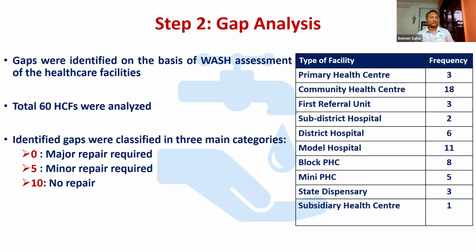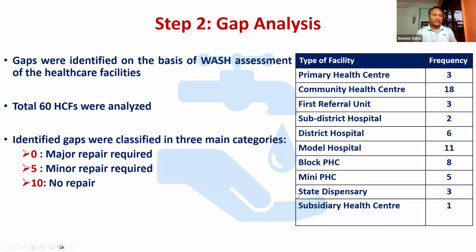So how did we do the gap analysis? These were the types of those facilities. The facilities varied from very small public healthcare facilities at the farthest points to district level hospitals, which are essentially secondary and tertiary healthcare facilities.